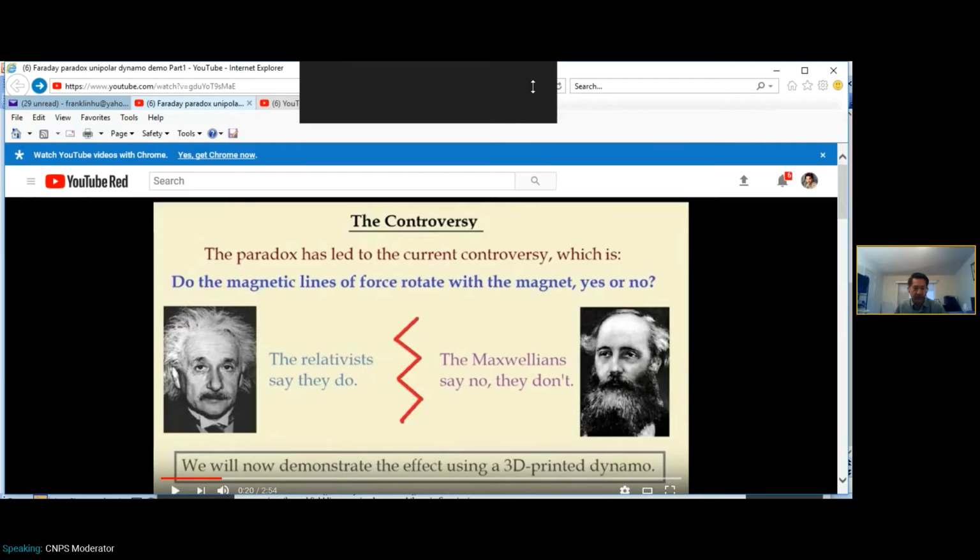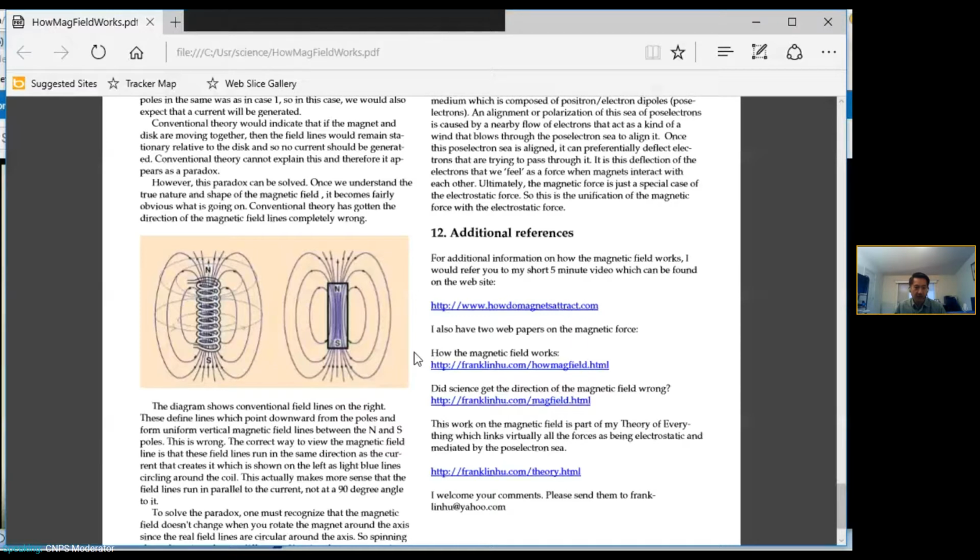Here's a standard picture of a magnet. You've got your north, your south, and your magnetic field lines coming around. And you can imagine that if we were to make this in 3D and spin this around, these field lines would be moving around, and those are the things that are doing the cutting.